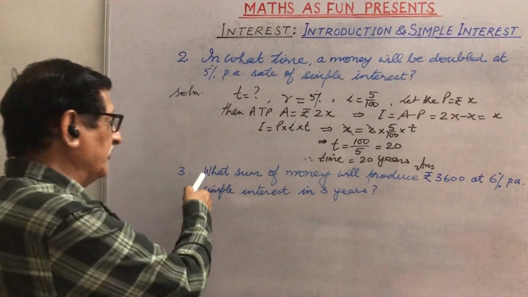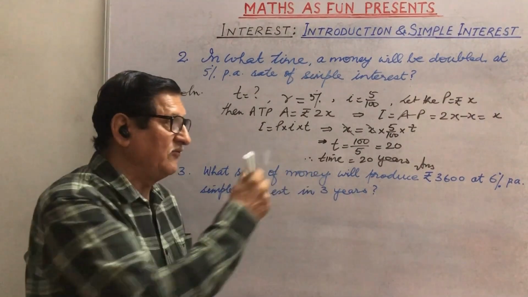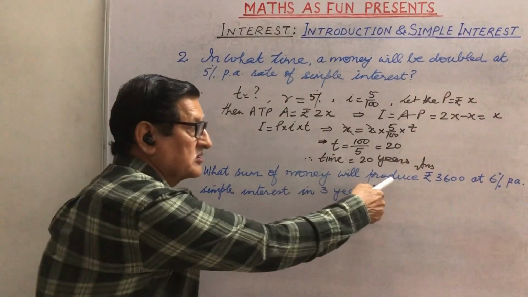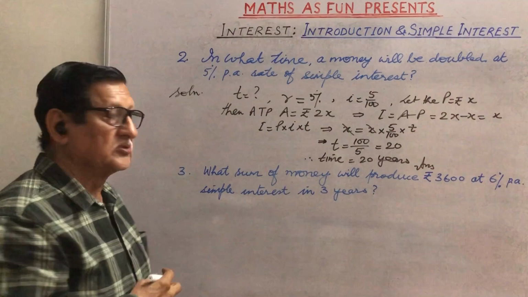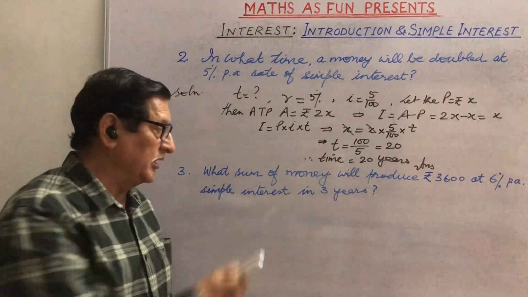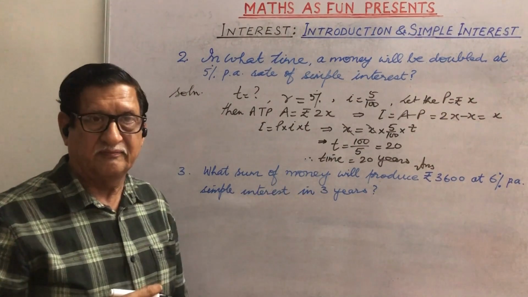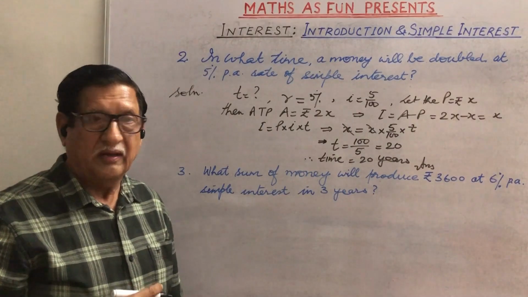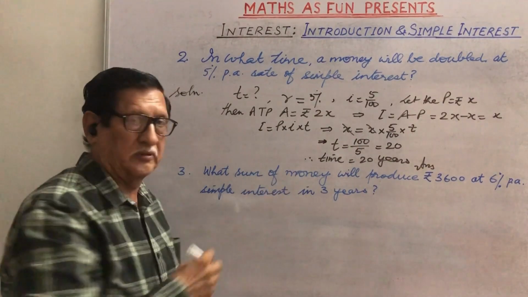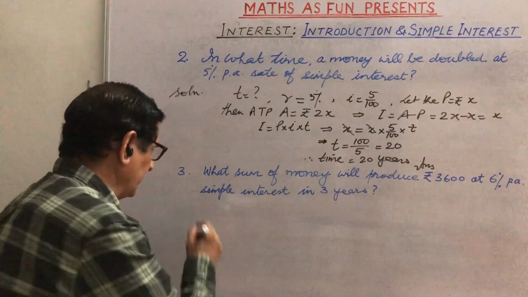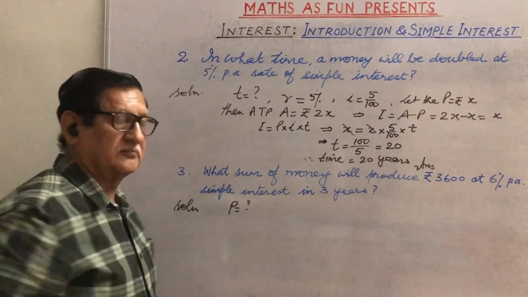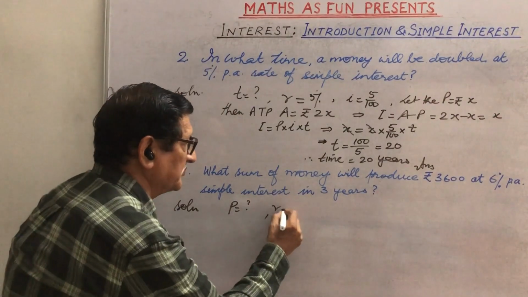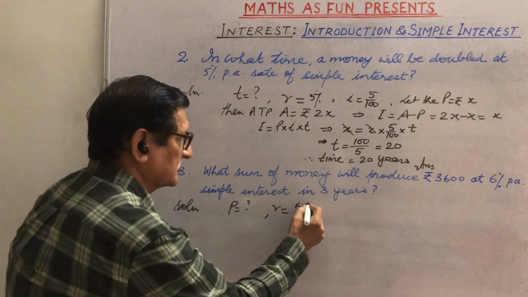The next problem we have: what sum of money will produce rupees 3600 at 6% per annum simple interest in 3 years. Here we have to calculate the principal. So we write for solution that principal is to be found. Rate R has been given as 6%.